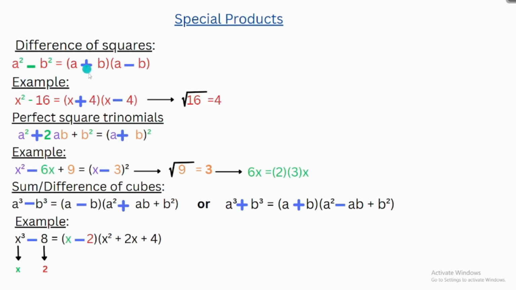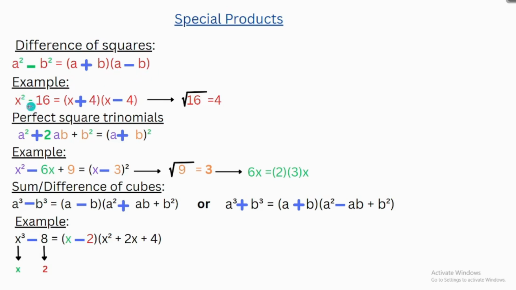What is different between the two brackets? The sign between the two terms. So a squared minus b squared equals a plus b times a minus b. We have to memorize this.